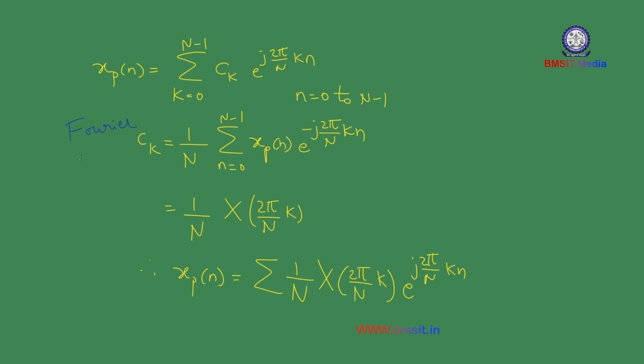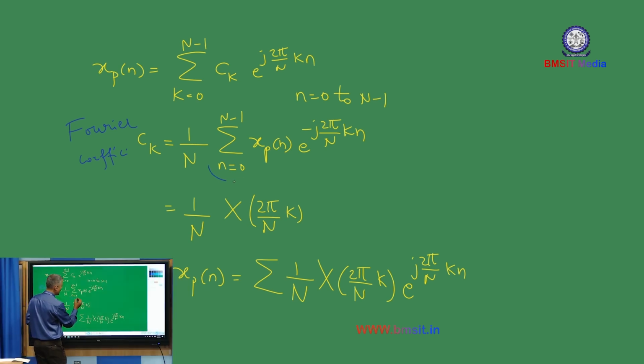This is the analysis equation. If you pay attention to this whole term highlighted using this bracket, you can observe that this whole thing is nothing but the Fourier transform itself, that is summation xp of n e raised to minus j 2 pi by N kn. This happens to be the Fourier transform from our basic discussion.